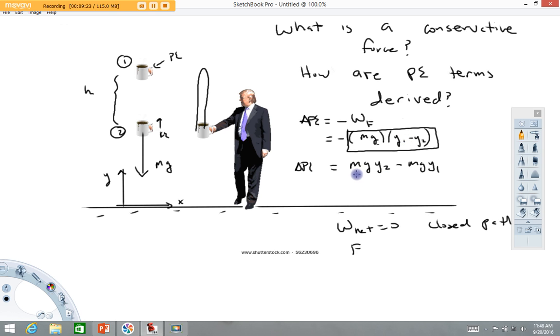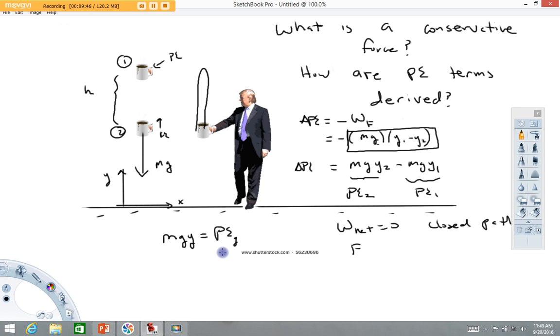So we've got this expression, mgy2 minus mgy1 equals the change in potential energy of the cup. Therefore, these are potential energy terms. This is the term I would call PE2. This is the term I would call PE1. And the expression mgy is what's called the gravitational potential energy of a system.